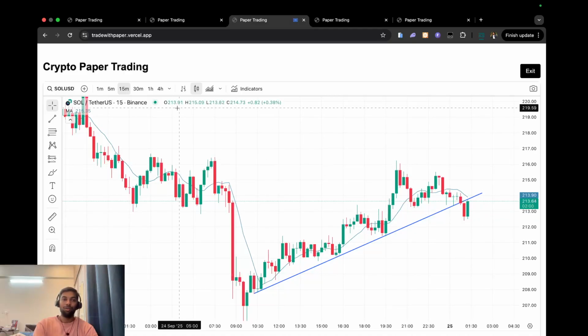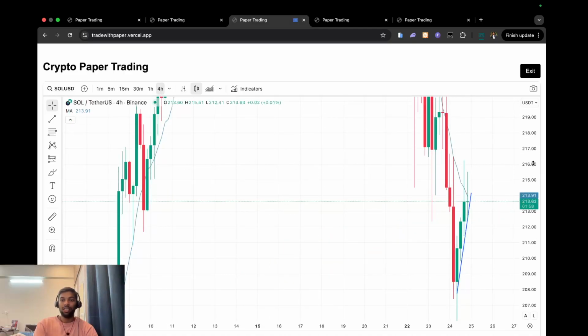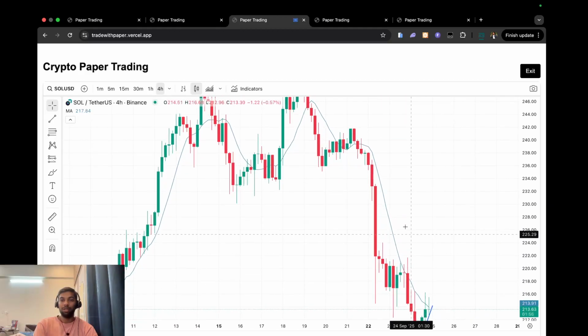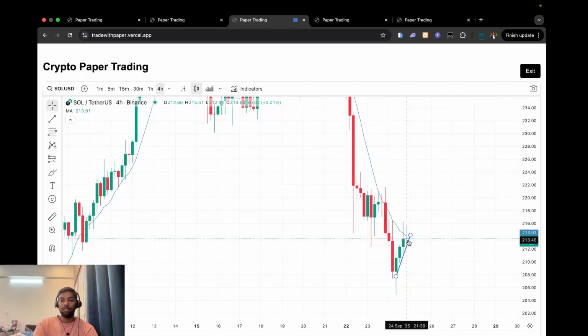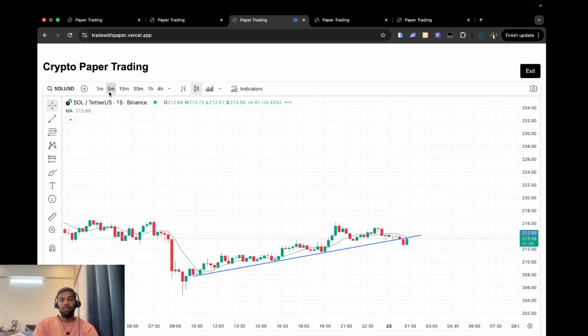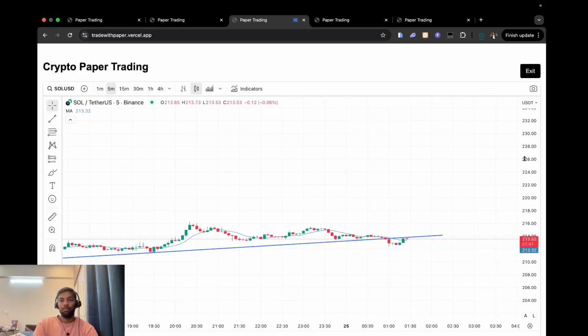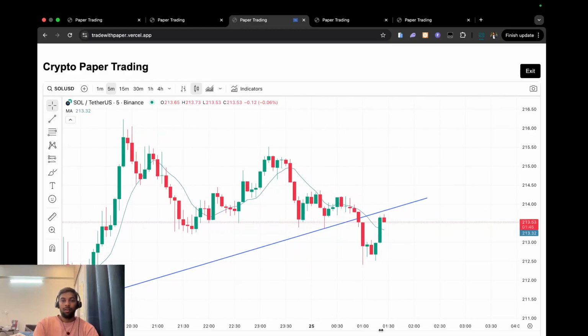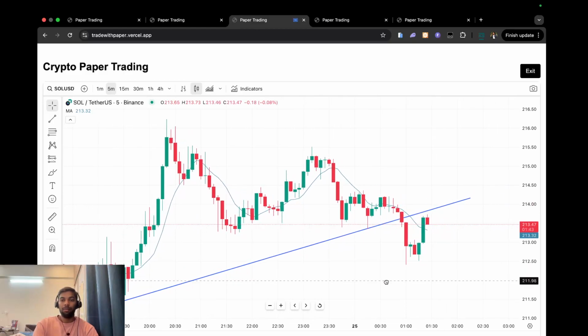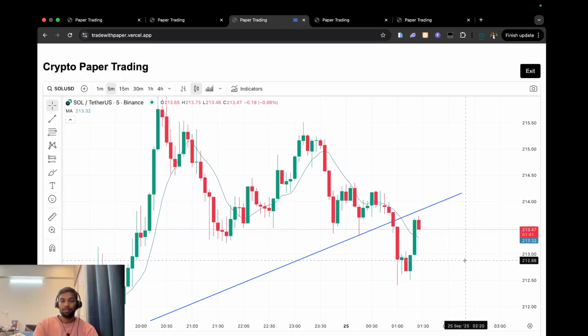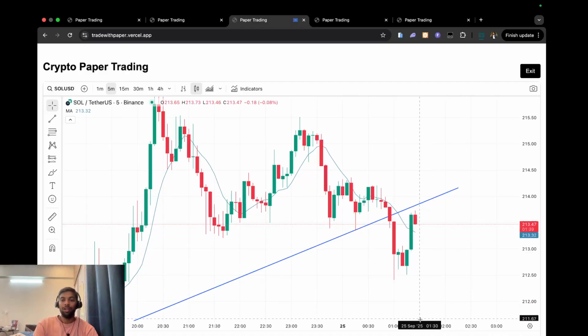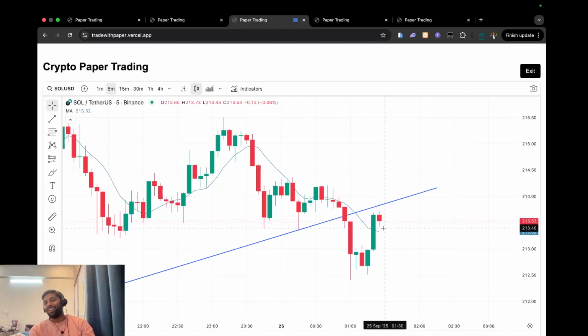Although there are no particular signs in buying because the market is extremely bearish, this can lead to something else. This is just pullback buying, but buying is buying. We can't do anything about it, so let's see.